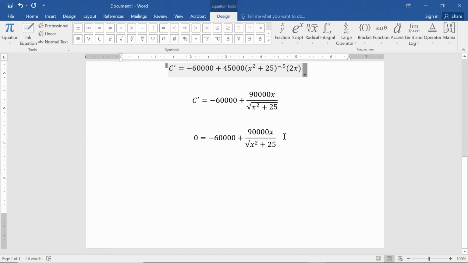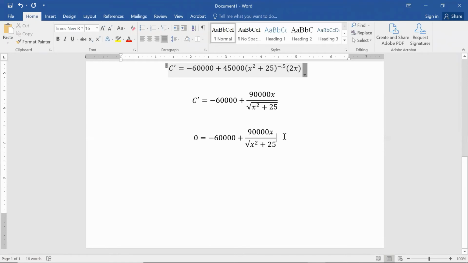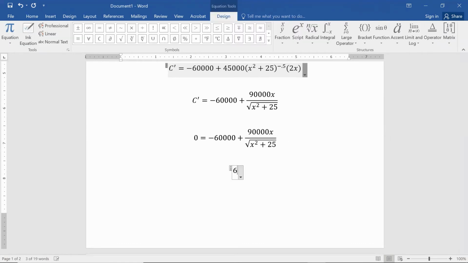Okay, so how do we solve this? There's a number of different ways. I always start by adding 60,000 to both sides. And then we have a choice. If you read along in the book problem, at this point, they square both sides. I'm going to do one other step before I square both sides.